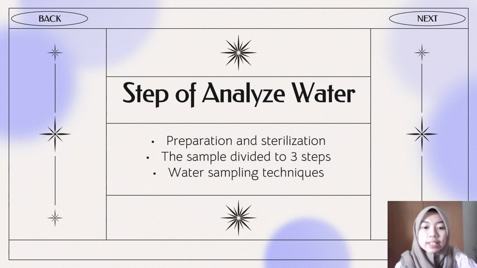Okay, so the second, the sample is divided into three steps. Next, add 200 milliliters of sample water and 4 to 5 drops of aqueous sodium thiosulfate solution to neutralize the water and any residual chlorine which could disturb the sample.